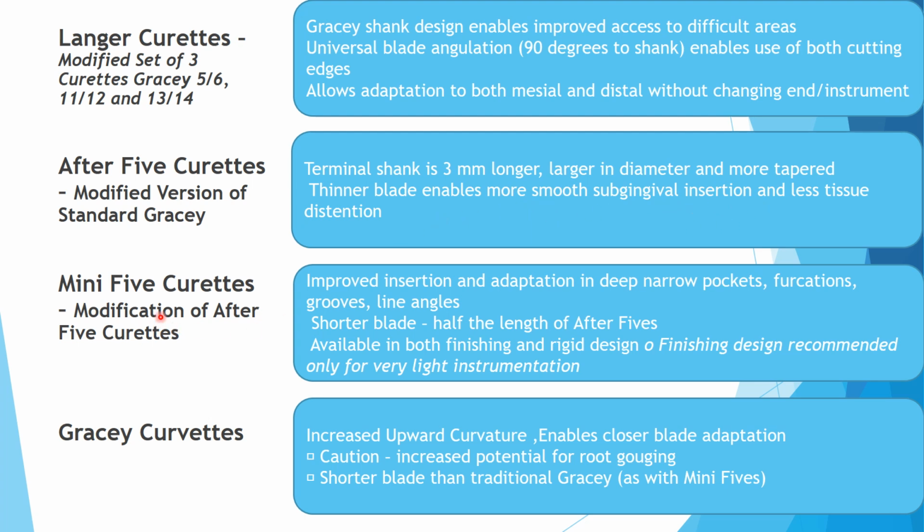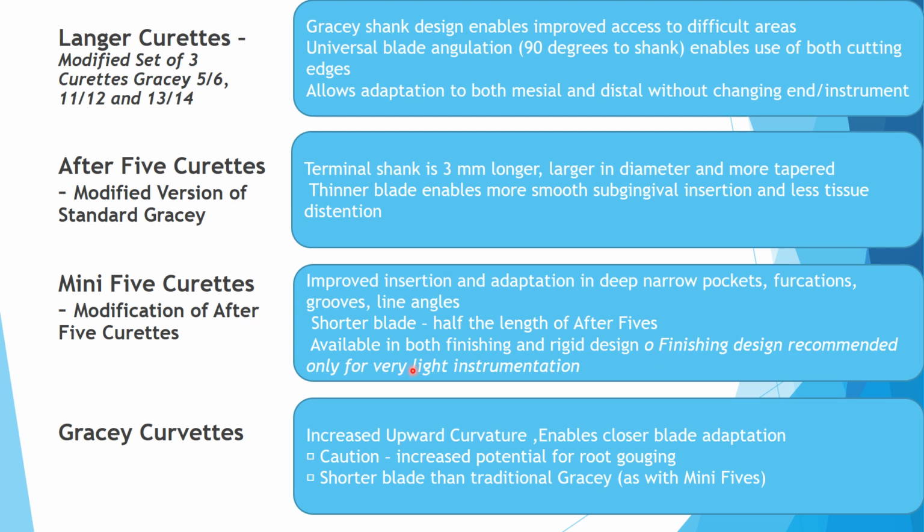Then coming to the Mini Five curettes, it is a modification of the After Five curettes. It has improved insertion and adaptation in deep narrow pockets, furcations, grooves, and line angles, with a shorter blade, half the length of the After Five. Compared to the blade size, the Mini Five blade will be shorter. It is available in both finishing and rigid design, and the finishing design is recommended only for very light instrumentation.